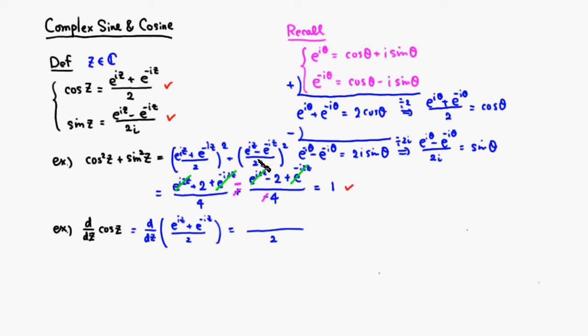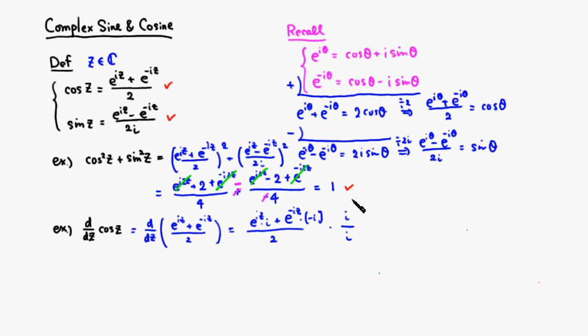The derivative of e to the iz would be e to the iz times i, plus the derivative of e to the negative iz would be e to the negative iz times negative i. So it's a chain rule there. It looks a little bit ugly, so I want to get rid of i. I'm going to multiply by i on the top and on the bottom.